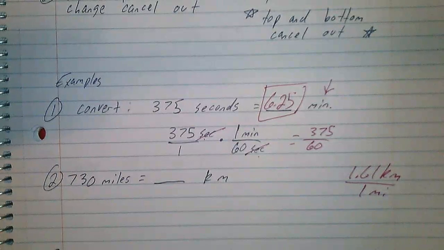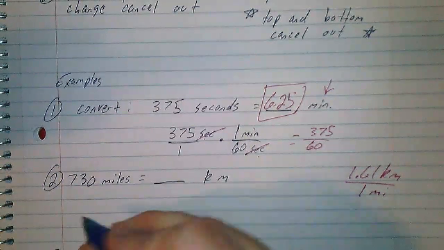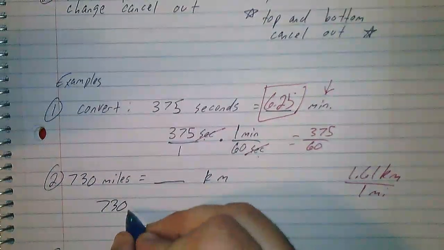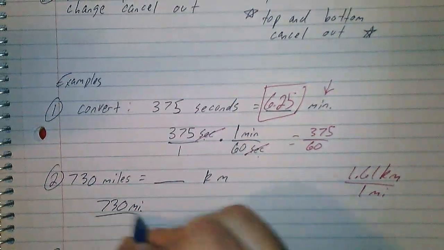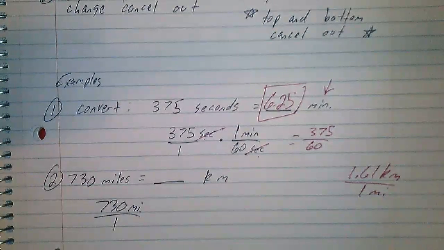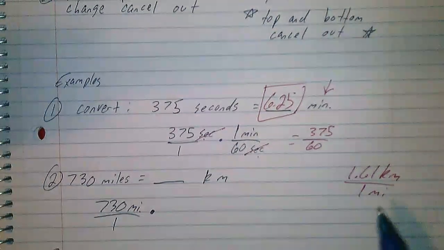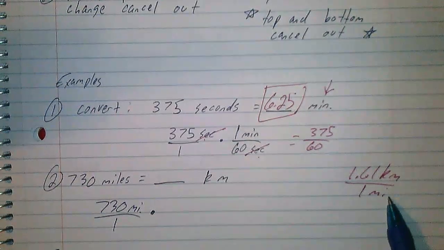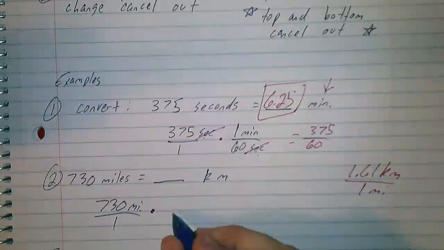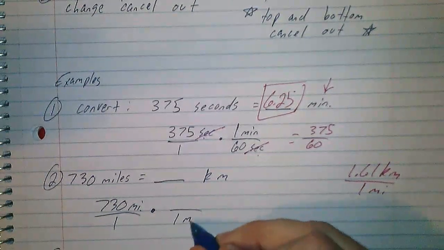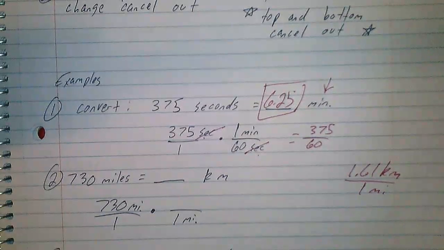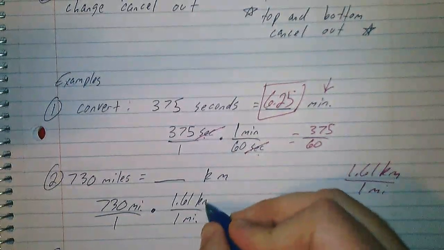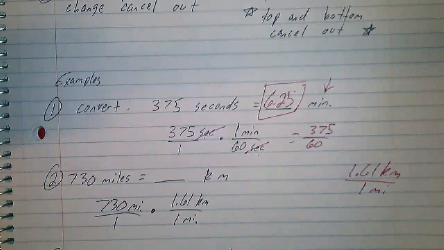So we're going to convert 730 miles into however many kilometers. So again, this is our starting point. MI for miles. Put it over 1. And we'll use this fraction right here because it has miles on bottom. And we want our miles to cancel out with that miles on top right there. So this is how we convert 730 miles into its kilometers.